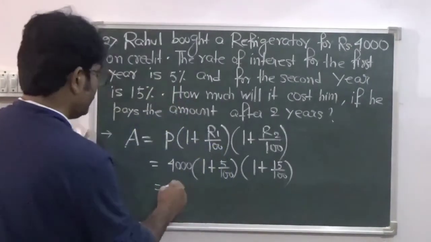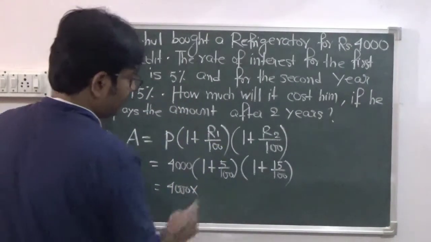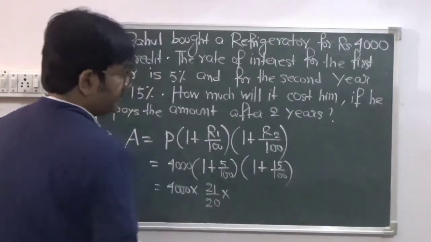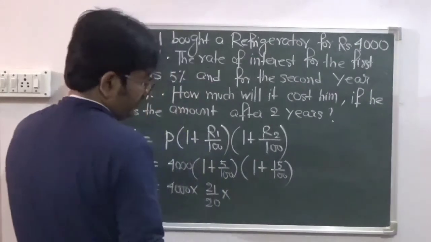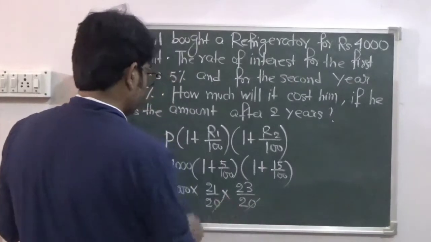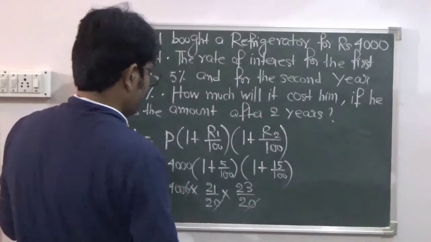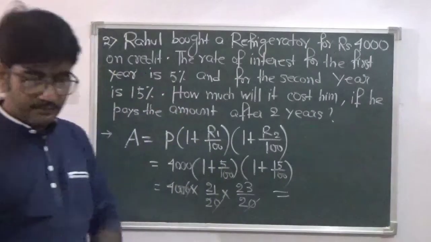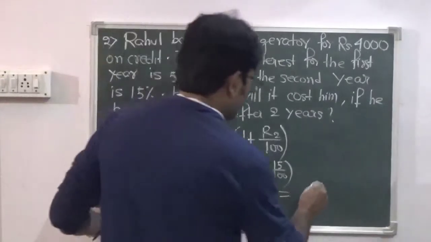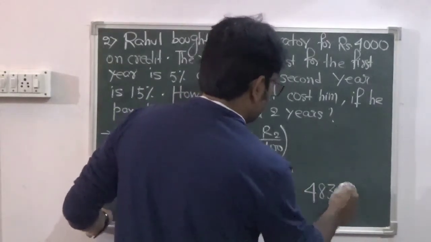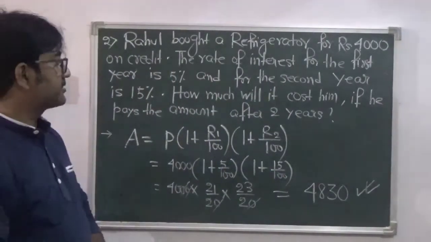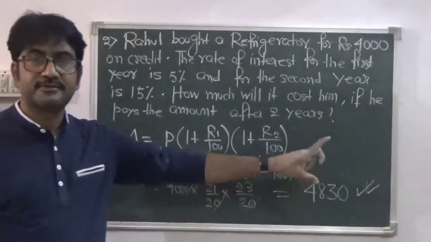So it is coming to 4,000 into 21 by 20 into 23 by 20, and this is coming to 4830. So I write the answer directly here, 4830. So the refrigerator cost him rupees 4830.